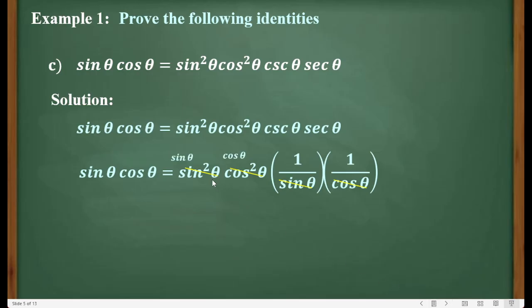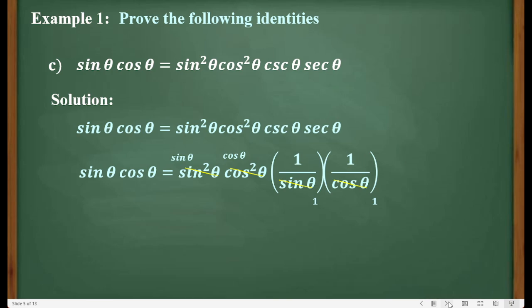What will remain here is just sine theta, and same thing with cosecant squared theta, it will become cosine theta. And since we cancel the common factor here, sine theta on the denominator together with cosine theta, which is also a denominator, become 1.